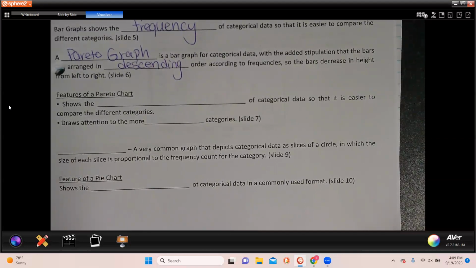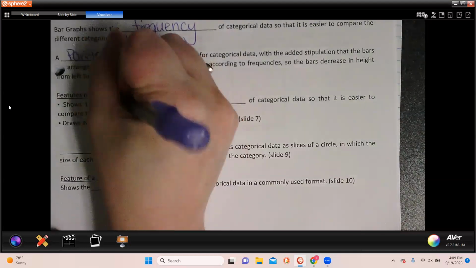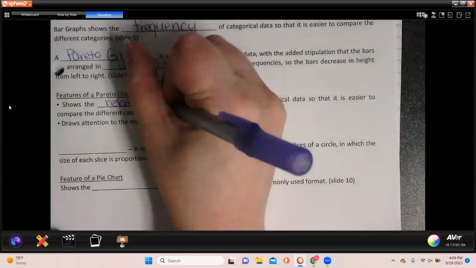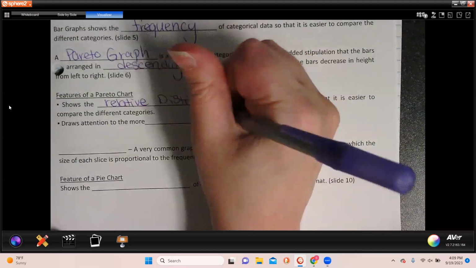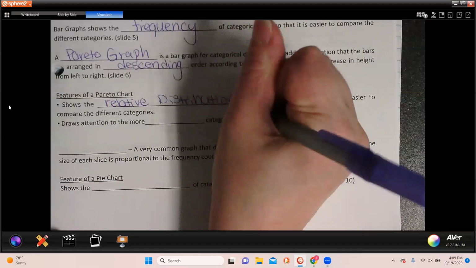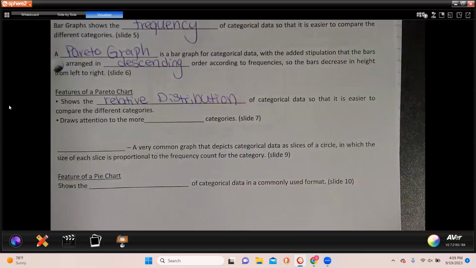Okay, so there are some features that come with these Pareto charts. And this is really important because these are the types of questions that they're going to ask you about Pareto charts. It shows the relative distribution of categorical data so that it is easier to compare the different categories. What I mean by relative distribution is how one bar relates to the others.